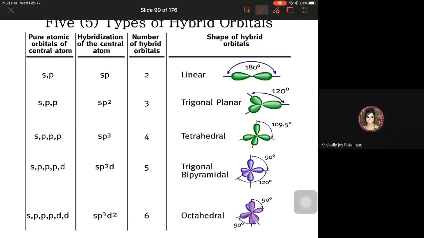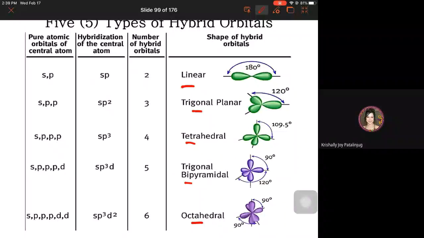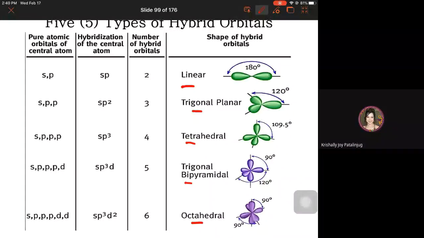Yung 5 geometric orientations na yun, which are linear, trigonal planar, tetrahedral, trigonal bipyramidal, and octahedral, na-form yung shape na yan also because of the way the overlapping of orbitals or hybrid orbitals occur in a certain molecule.